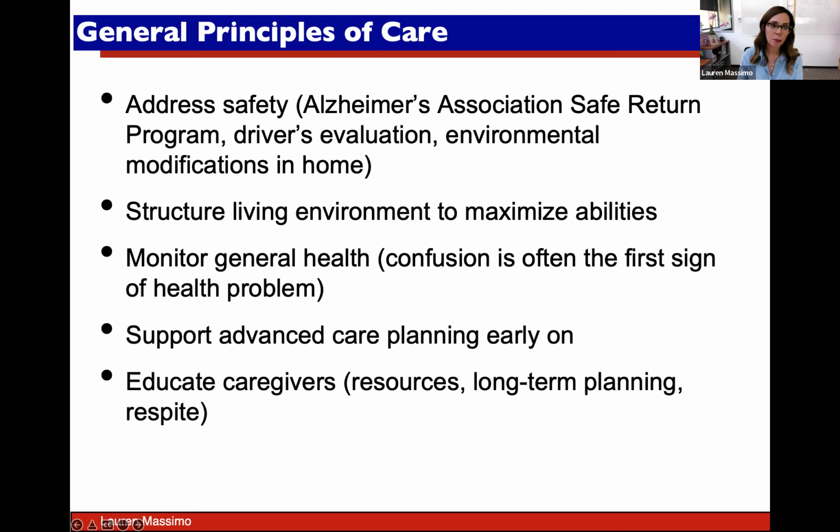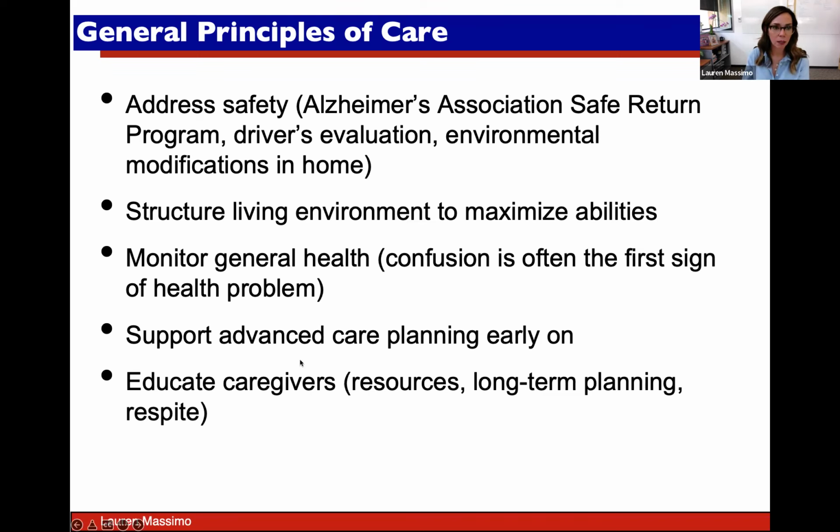It's important to think about advanced care planning early on, when the patient still has the capacity to describe their wishes for things like CPR and for things like whether to pursue feeding tubes, those types of things.